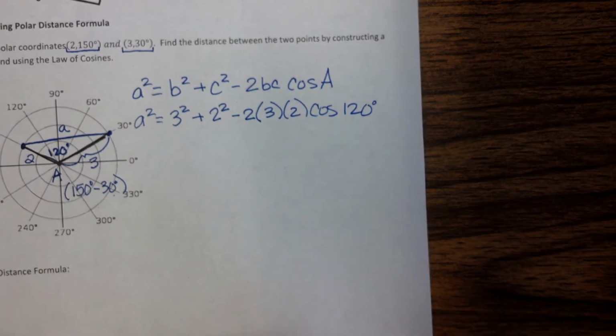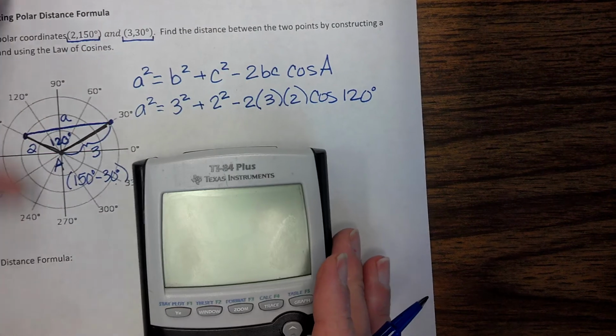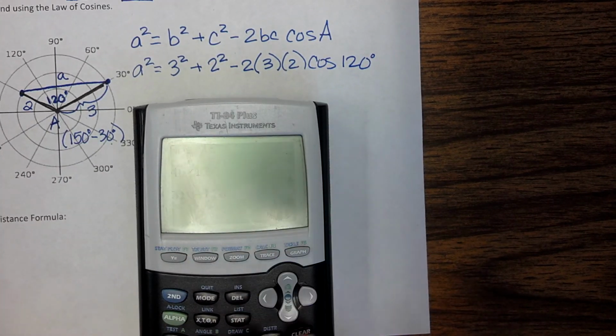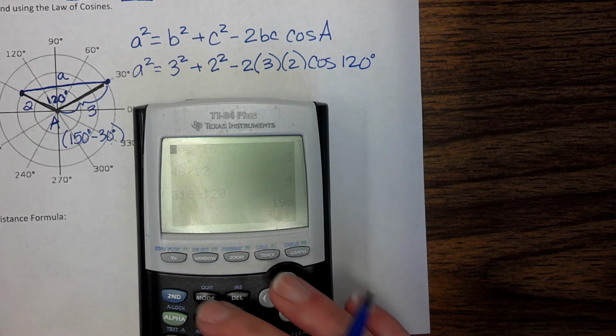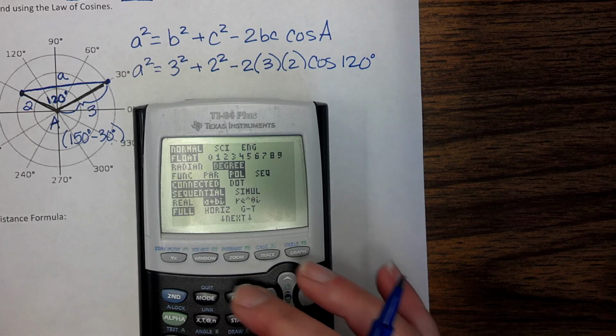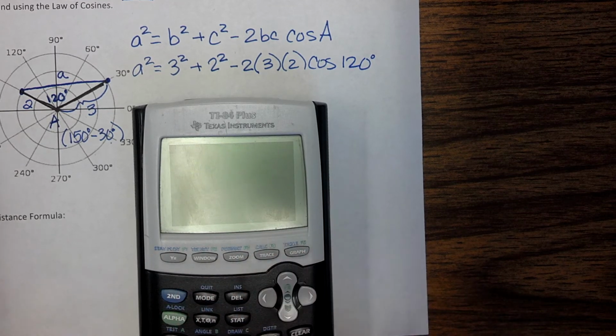All right, so let's just put that in our calculator. When you do the distance formula for polar coordinates, your calculator mode has to be in degrees. So if it's not in degrees, change it. All right, so I'm just going to type it in.